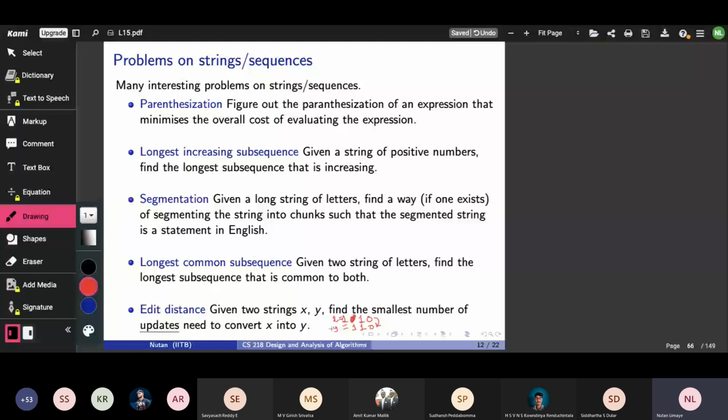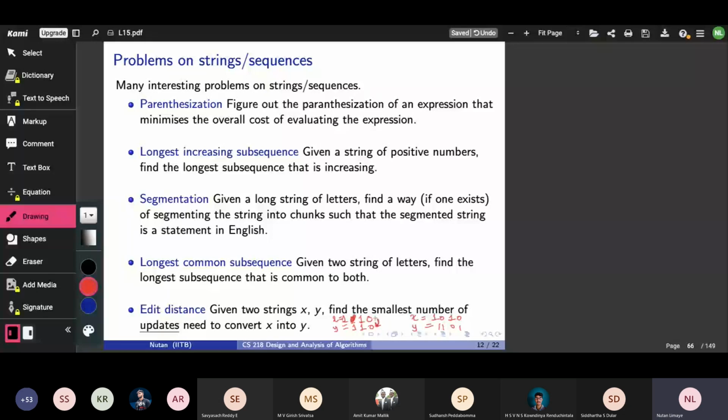Another possibility is that say X is 1010 and Y is 1101. Then the edit distance between these two words, the first example, is just 1.